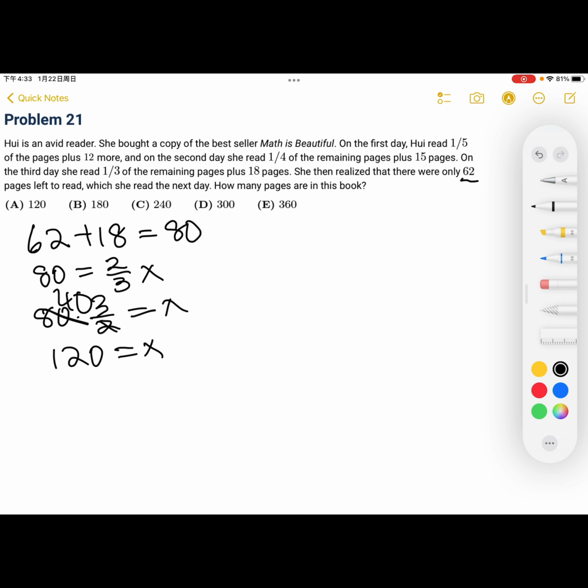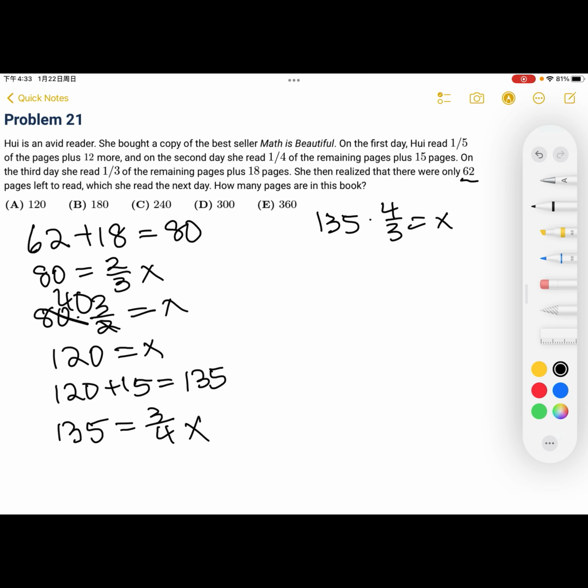Doing the same process, we add back the 15 pages to get that day 2 had 135 pages. And then 135 is equal to 3/4 x. And then again, multiplying by the reciprocal, 135 times 4/3 is equal to x.